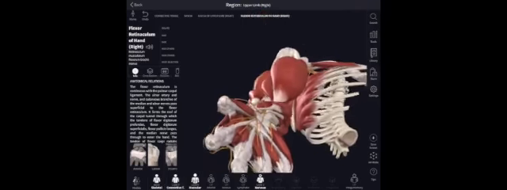Whatever structures are running above it are fine. They're not going to get compressed, because look at the space we have between the flexor retinaculum and the palmar carpal ligament. So I want to go deeper. If I remove some of the structures, there we go.